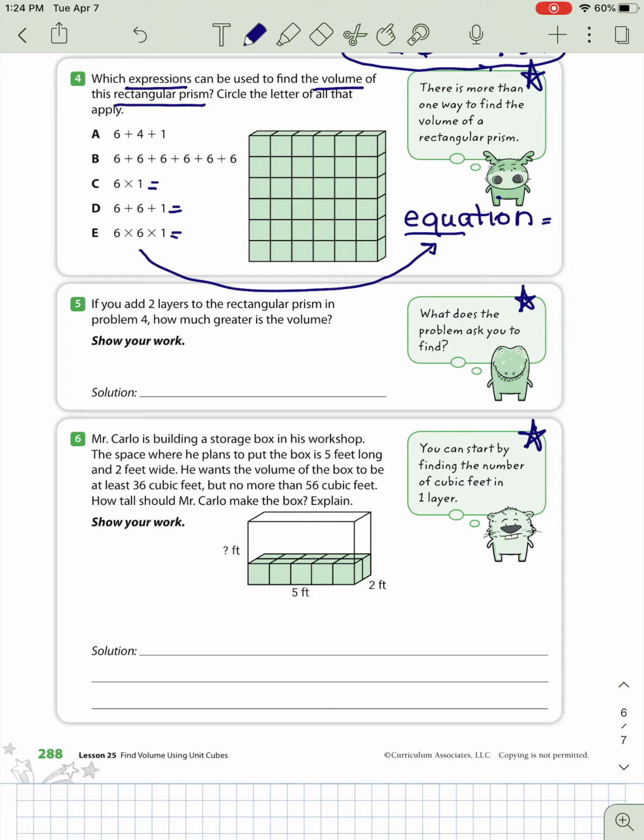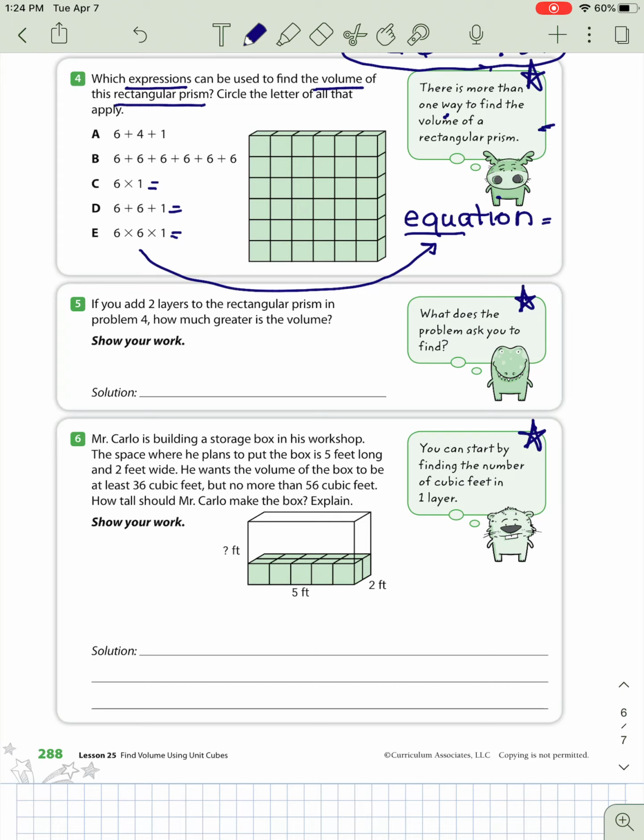If I put an equal sign there, I've changed these expressions into equations. That's it, right? Volume. So volume is I'm going to fill in this big thin tower, okay? So circle the letters that apply. I'm going to come back over here. There is more than one way to find the volume of a rectangular prism.